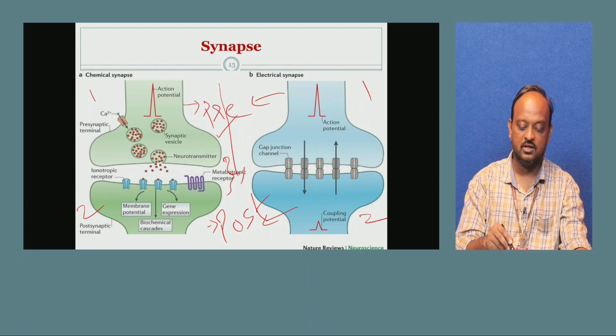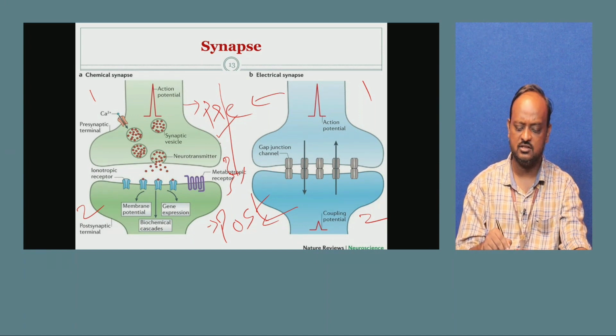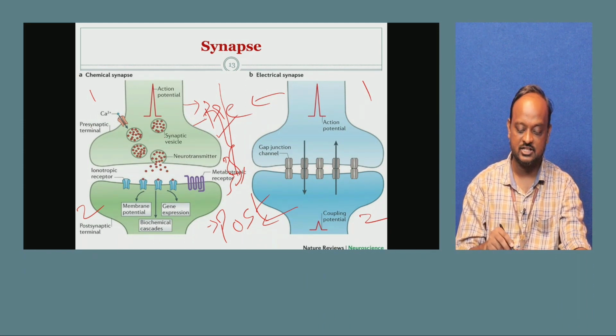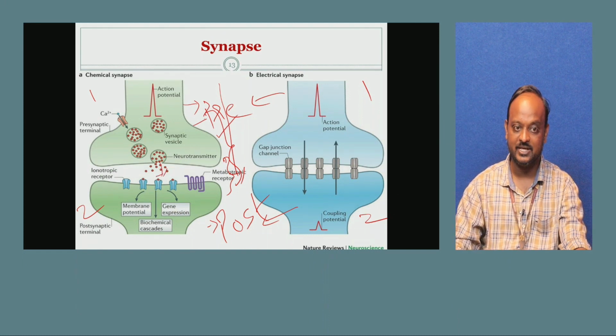Whenever the action potential reaches the axon terminal buttons, we discussed about axon terminal buttons, so this is the axon terminal button. Whenever the action potential reaches this particular point, calcium signaling helps in vesicular transport of the neurotransmitter, and the neurotransmitters undergo exocytosis and are released into the synaptic cleft.